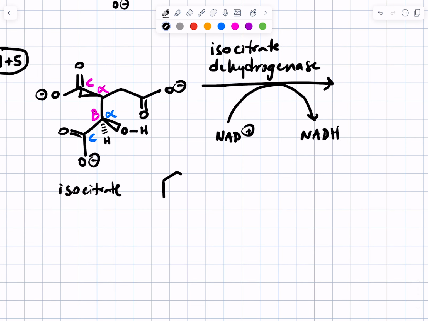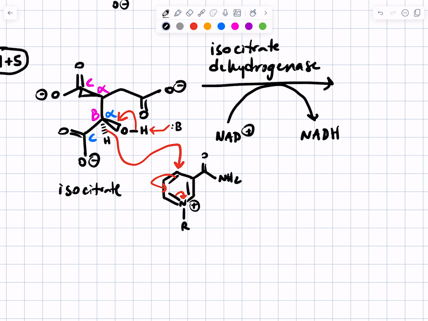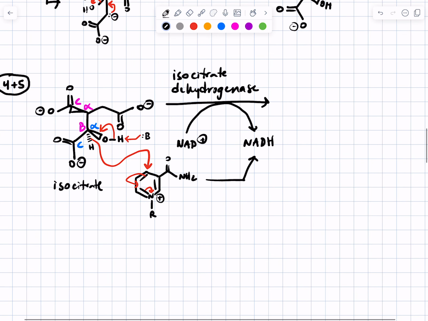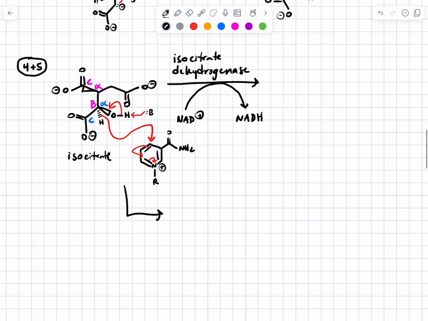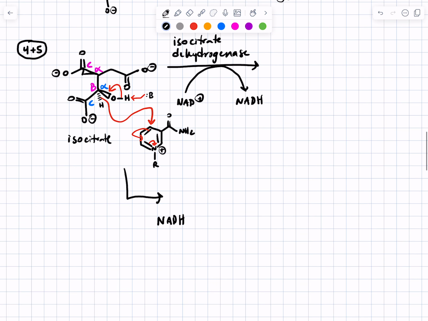So this is going to follow basically the same mechanism that we have used many times previously for NADH or NAD plus mediated oxidations. A base will remove the proton from the alcohol, electrons will kick down, and hydride will get delivered to the para carbon of NAD plus to give NADH, and then we can draw that intermediate.